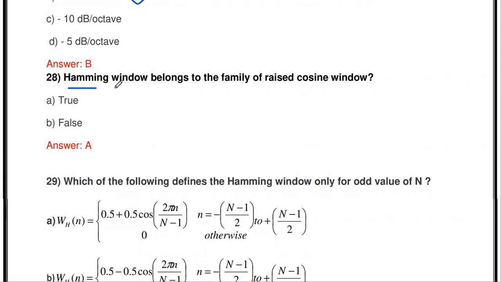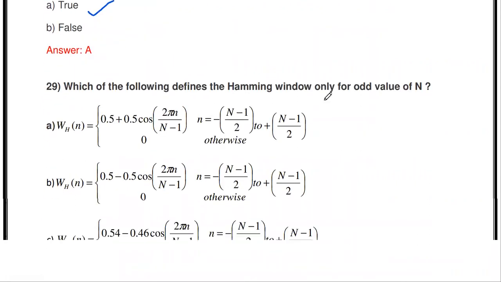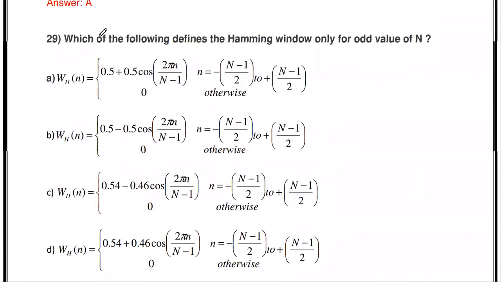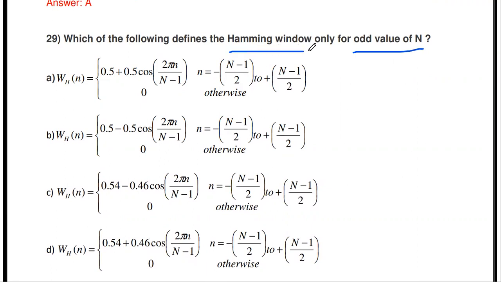The next, third type of window is the Hamming window. The Hamming window belongs to the family of raised cosine. Yes, it's true: Hanning and Hamming are both in the family of raised cosine. The next one: which of the following defines the Hamming window only for odd values of N?